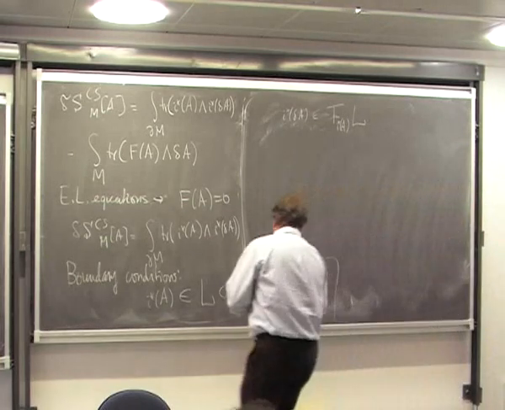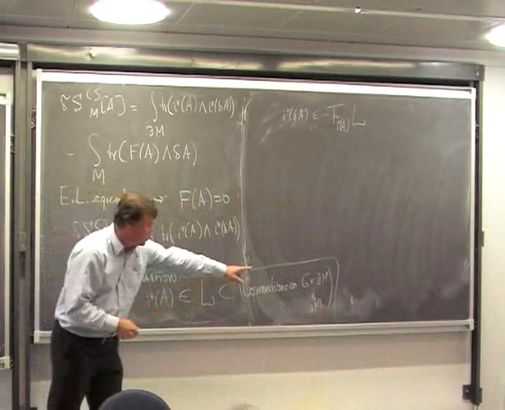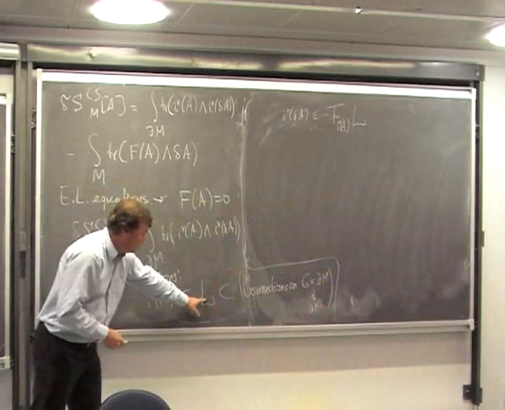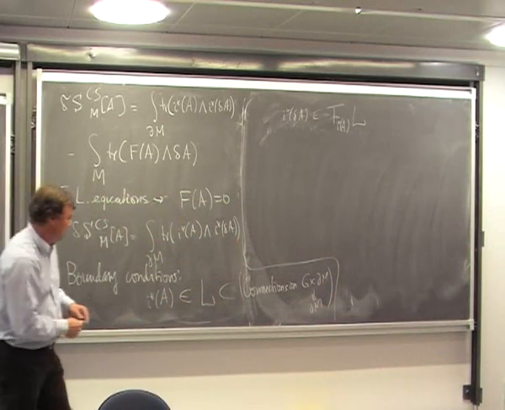So we have the space of connections on this bundle, and boundary conditions should be a subspace in this space.